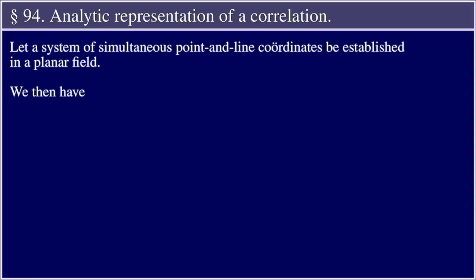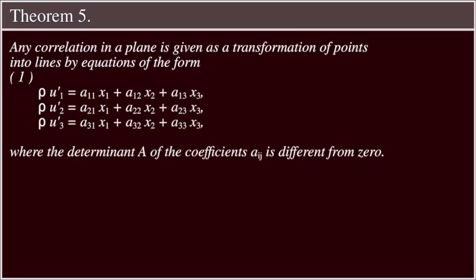Let a system of simultaneous point and line coordinates be established in a planar field. We then have Theorem 5. Any correlation in a plane is given as a transformation of points into lines by equations of the form, equations 1: rho u1' equals a11x1 plus a12x2 plus a13x3.